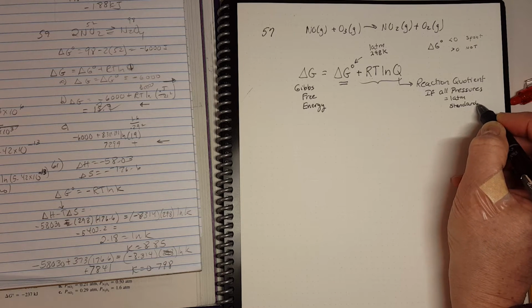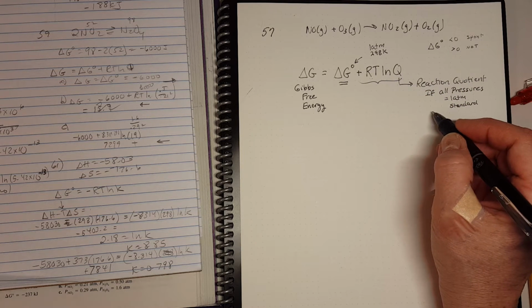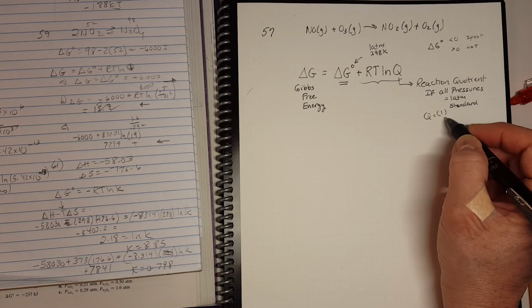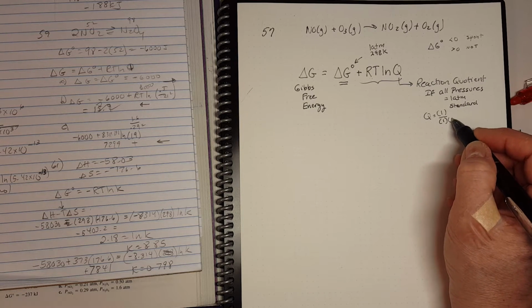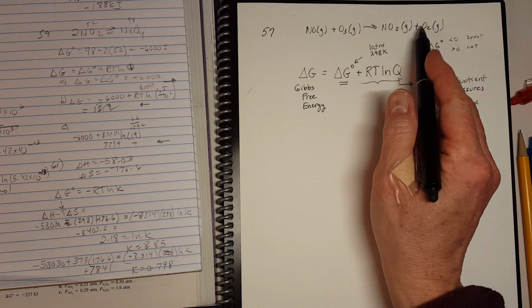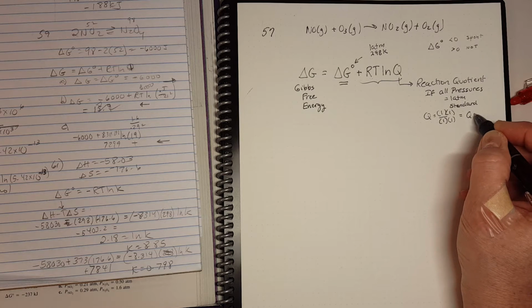So if all of the pressures are at 1 atm, then for ln of Q, Q is going to equal 1 raised to some power over 1 to some power, or maybe a couple of ones, like in this case it would be 1 times 1 over 1 times 1. And so you'd get Q equal to 1.